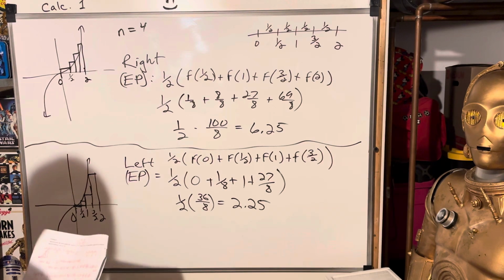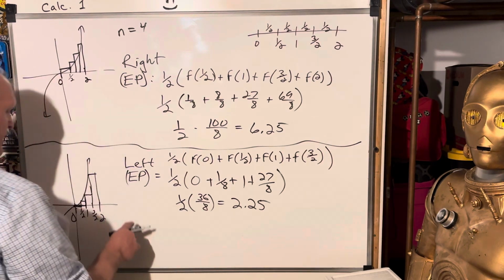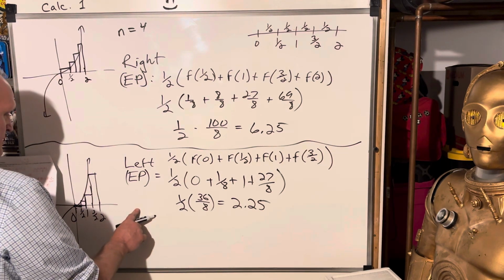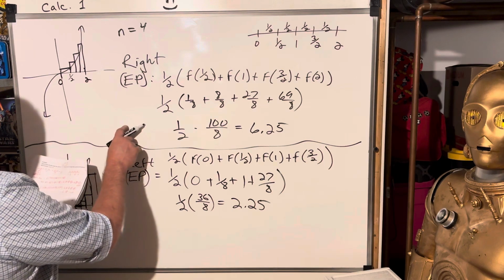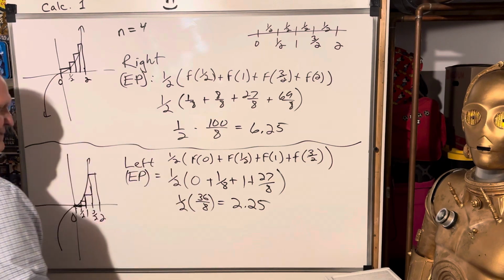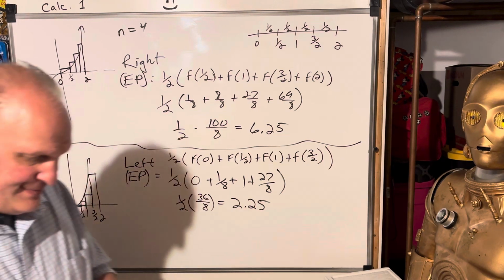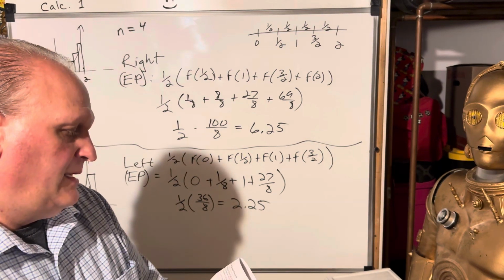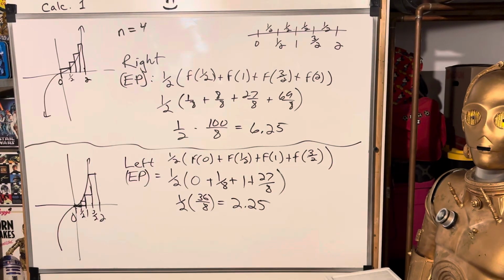So if you're doing it in the book, they're going to call this a lower sum and this an upper sum. Okay. Excellent. That is all for 5.1.